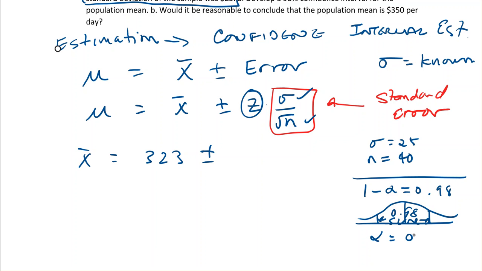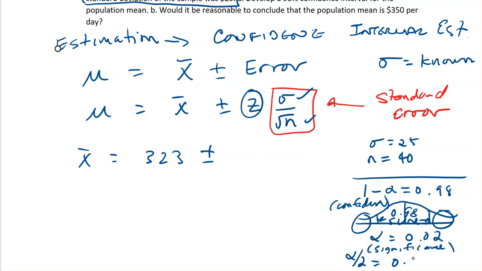That alpha is 0.02, the remainder, which we call the level of significance, whereas this is called confidence. The significance is where you're not so sure, and it's at the ends. So if it's at both ends, we divide it up equally to be 0.01 at each end. So I'm looking for alpha over 2, which is 1% at that end and 1% at that end.